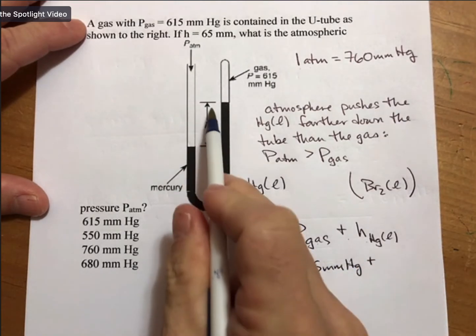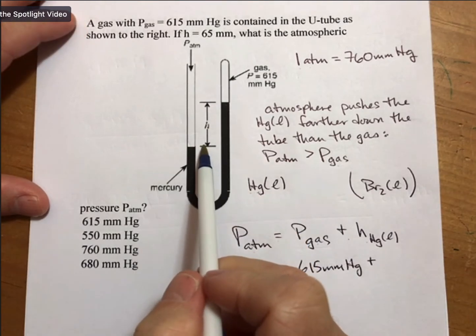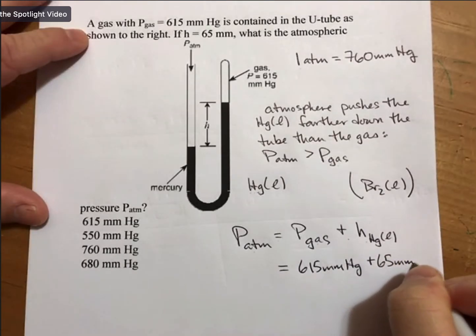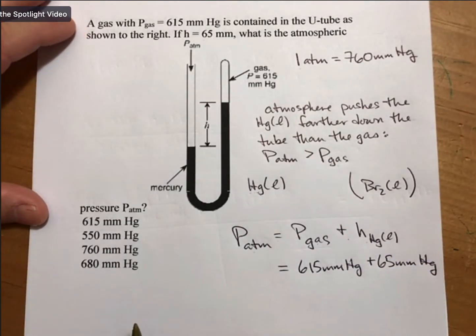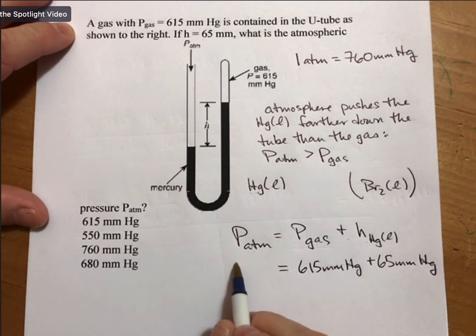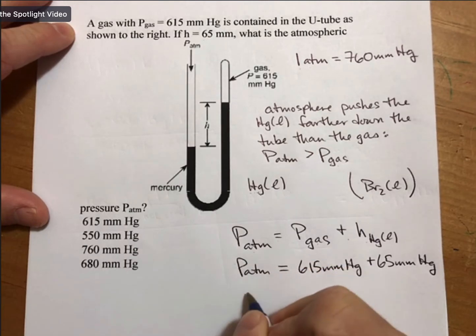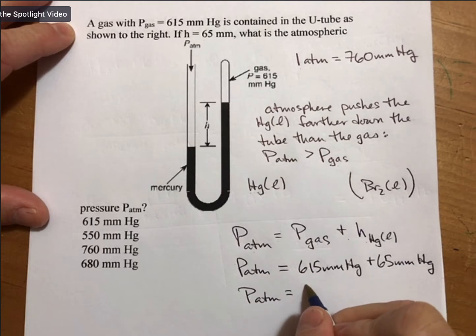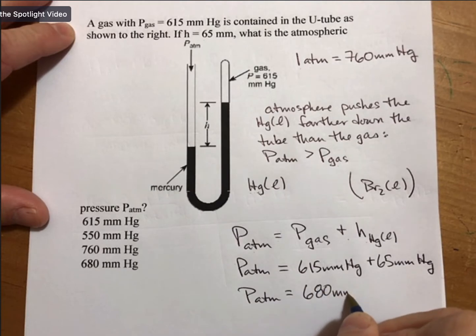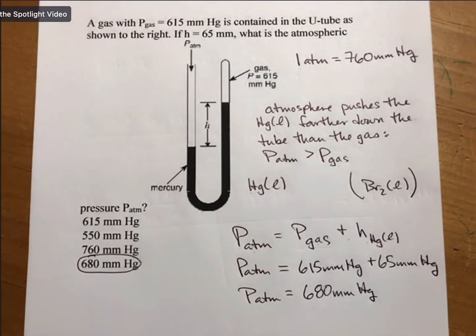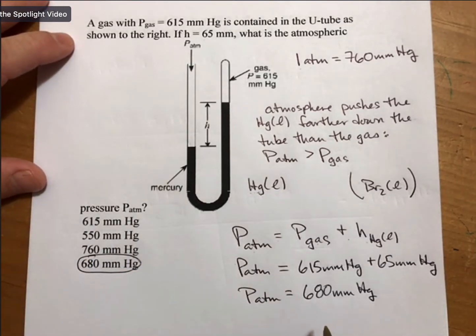And I know the height difference, it's 65 millimeters of mercury. And then if I add these two up, I get the pressure of my atmosphere. And I get 680, which is an answer.